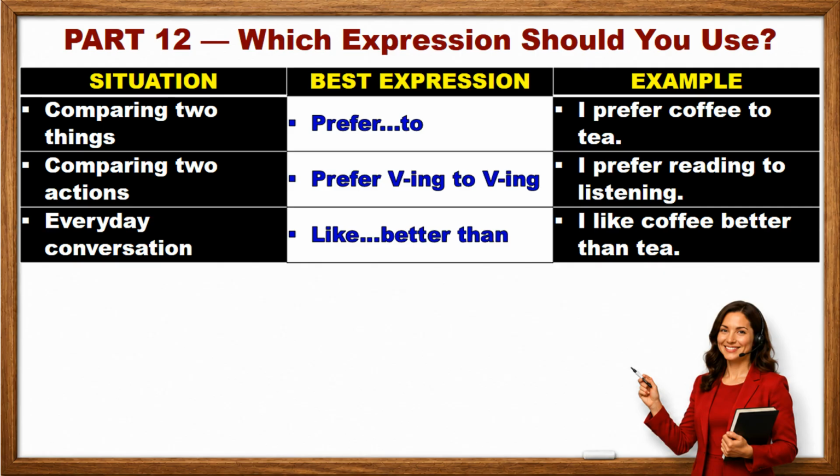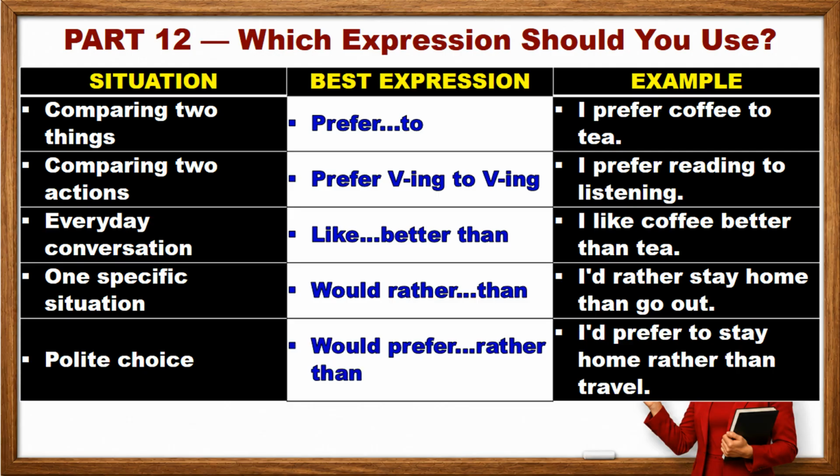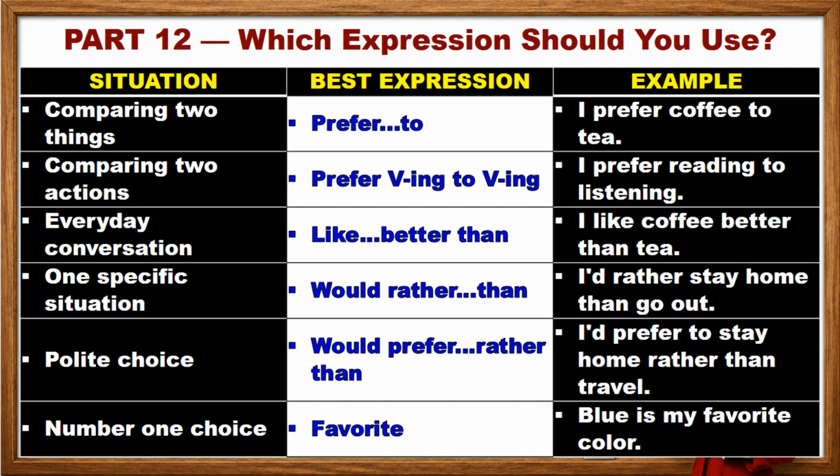Like, better than. I like coffee better than tea. One specific situation. Would rather, than. I'd rather stay home than go out. Polite choice. Would prefer, rather than. I'd prefer to stay home rather than travel. Number 1 choice. Favorite. Blue is my favorite color.